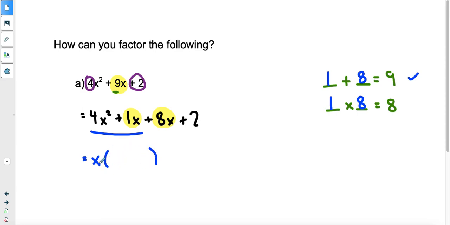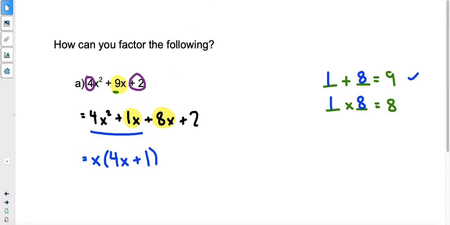Now I just need to figure out what I need to multiply x by to get 4x squared plus 1x. x times 4x gives me 4x squared. And x times 1 gives me 1x. So there we go. I common factored out my first two terms here.